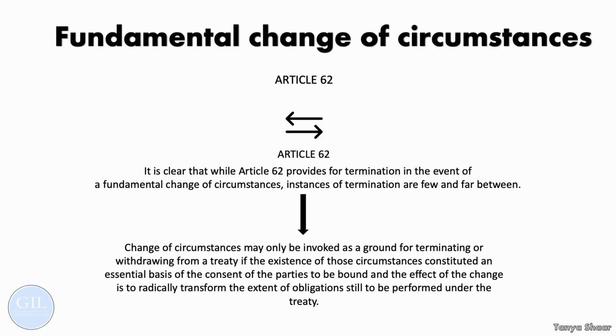Change of circumstances may only be invoked as a ground for terminating or withdrawing from a treaty if the existence of those circumstances constituted an essential basis of the consent of the parties to be bound, and the effect of the change is to radically transform the extent of obligations still to be performed under the treaty. So once again, whilst the merit of this article seemed wide, it has been considerably narrowed in practice.